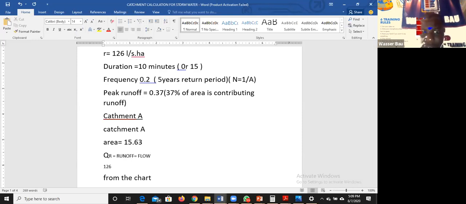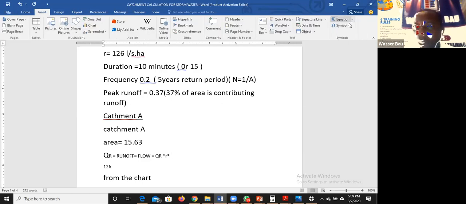So the flow now is 126. Remember the formula for the flow. The formula is QR, multiplied by the rainfall intensity, multiplied by, I don't know how to get this symbol, but I know this is Word. I can get it with Insert Symbol.